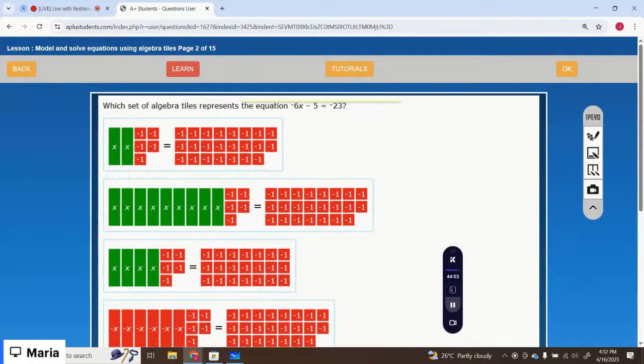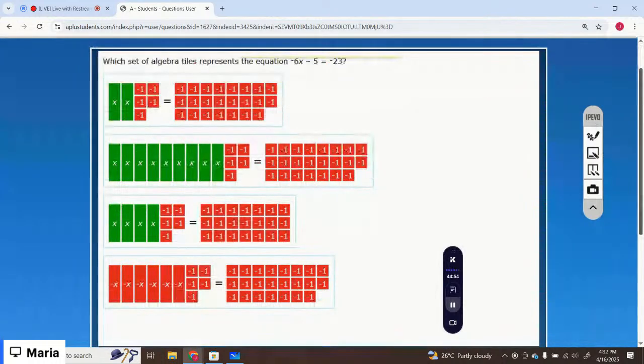Which set of algebra tiles represent negative 6x minus 5 equals negative 23?